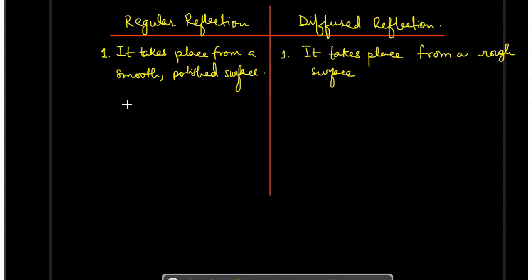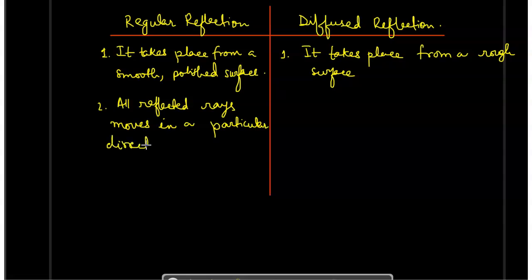Number two, in regular reflection all reflected rays move in a particular direction, or you can say the reflected rays are parallel.